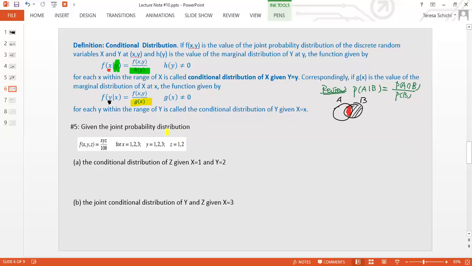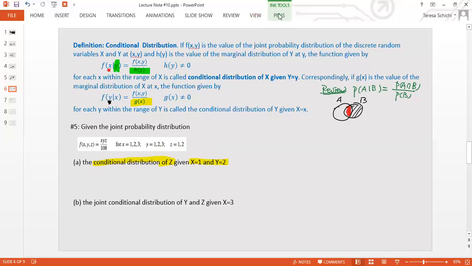Okay, so now let's take a look at this. This is the PDF for the three variables X, Y, Z. We did the marginals in the previous video, but we're going to use those results here. I want to find the conditional distribution of Z given that X equals 1 and Y equals 2.